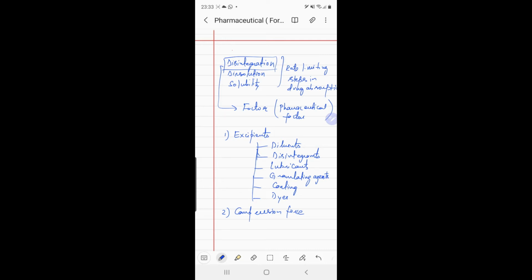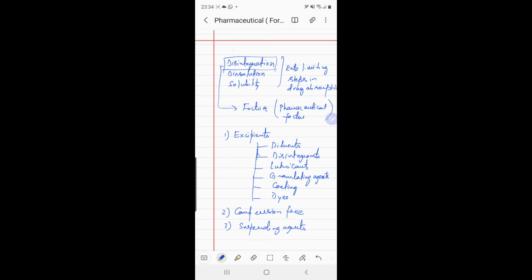So if you consider the suspension liquid forms especially, here the suspending agents may have an effect on the dissolution from the suspensions, because the increase in the viscosity may result in decrease in the drug release from the suspension particles.